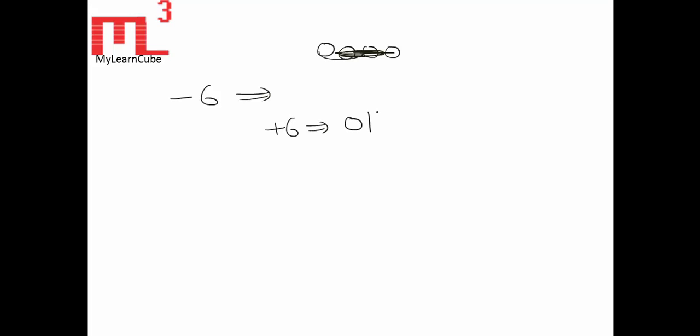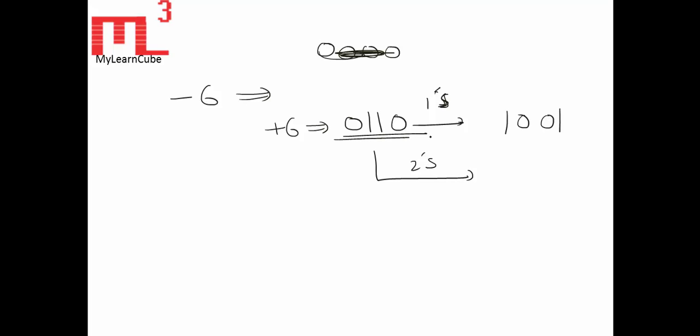Plus 6 is 0110, and then take its 1's complement, which will give you 1001. If I say represent it in 2's complement, how will you do it? You will take the 2's complement of this. Keep 0 as it is, first non-zero element as it is, then flip the rest of the elements. So this is your 2's complement representation.